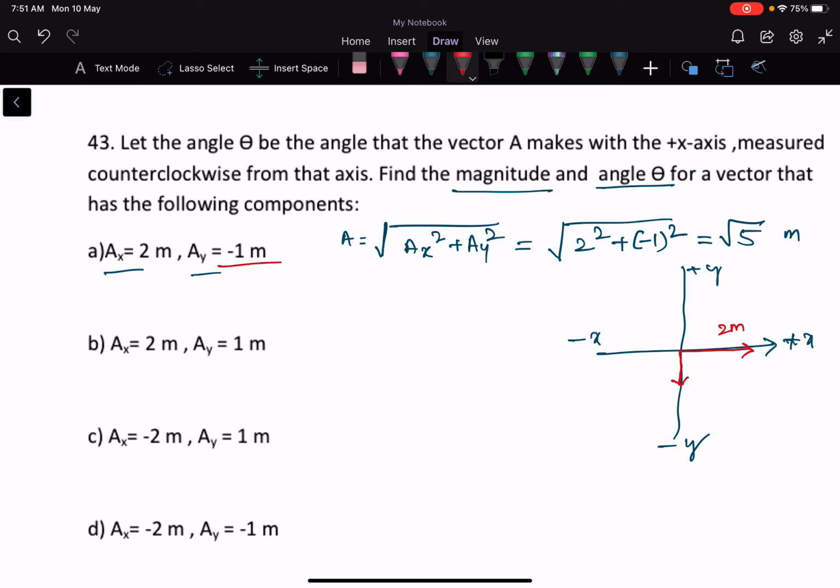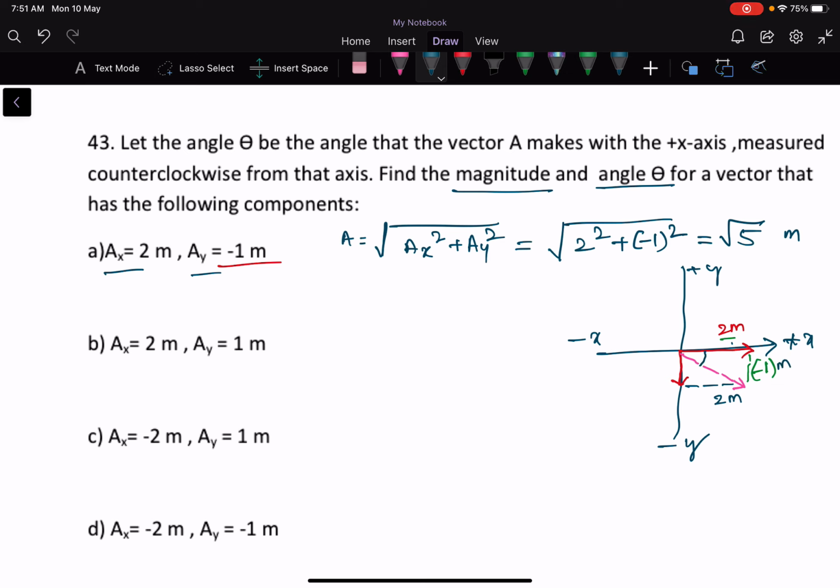So the resultant will be pointed in the fourth quadrant. This value is minus 1 and this value is 2 meters.